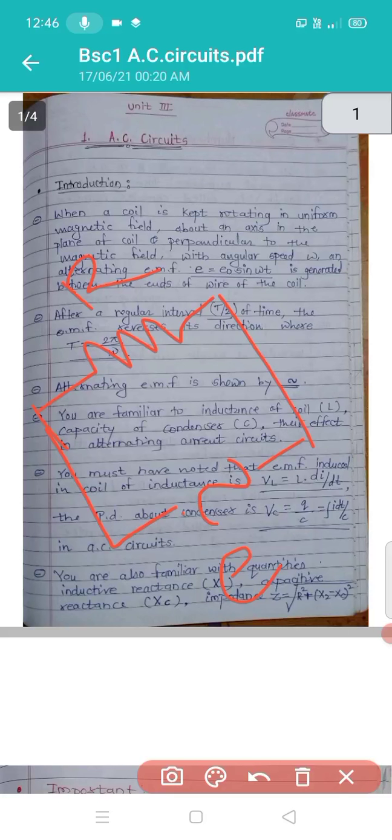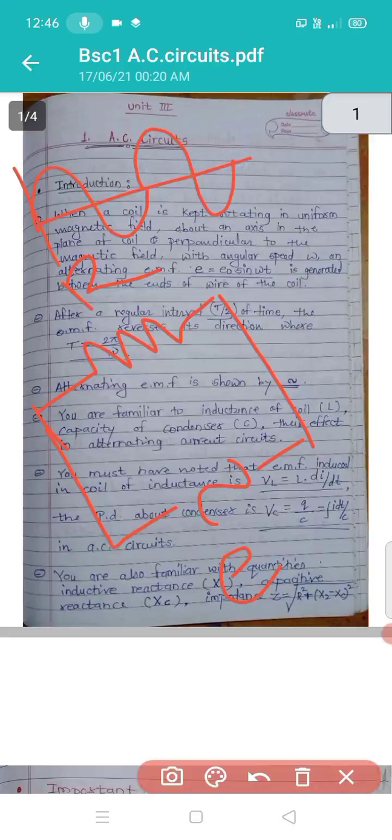Here this is the source; if it varies periodically, mostly sinusoidally, then the circuit is known as the AC circuit. Here we get the sinusoidal wave. This is about the AC circuits.